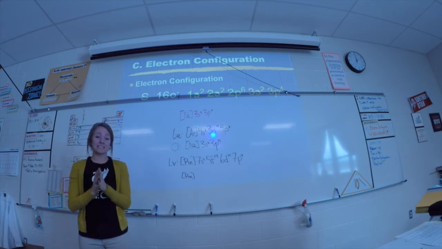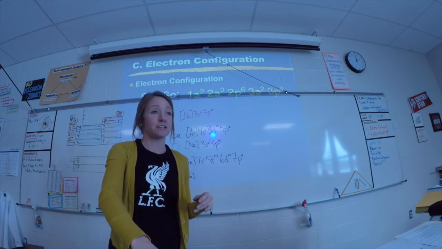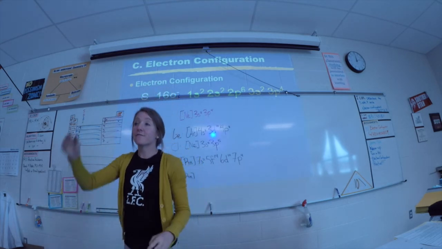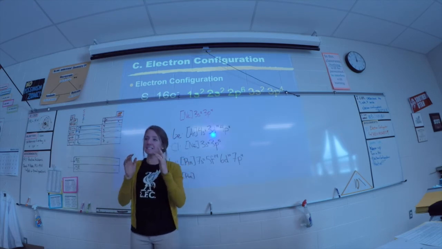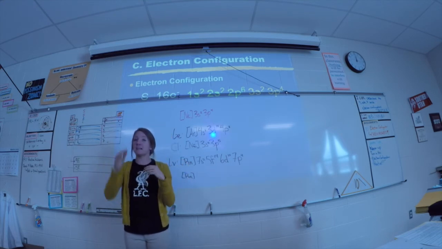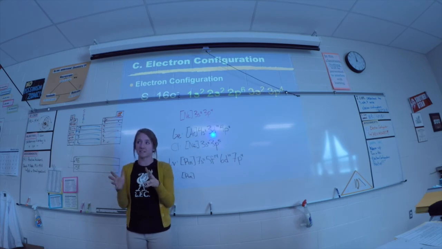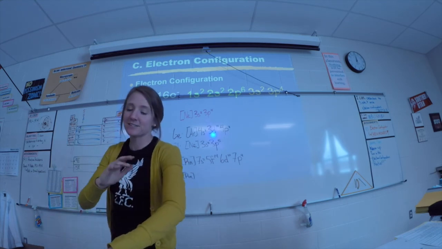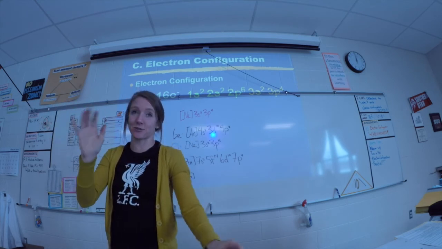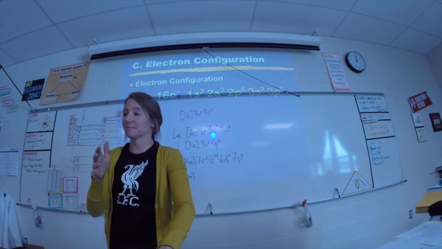But for the homework assignment, the one that says electron configurations, the front page, none of them are too big, but just to get us in the pattern of it, on the front page I don't want the shortcut yet. But after that front page, you can always do the shortcut every single time. So the front page, not allowed. But please on the back side use the shortcuts because those are the ones that get big.